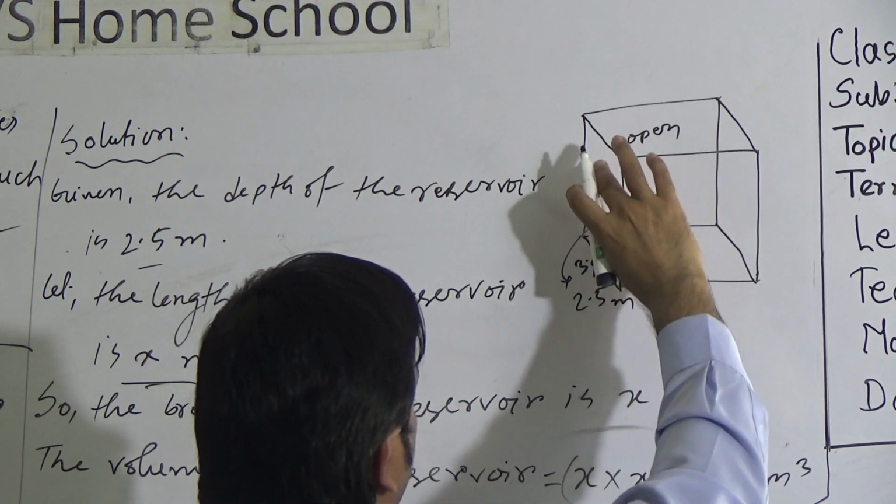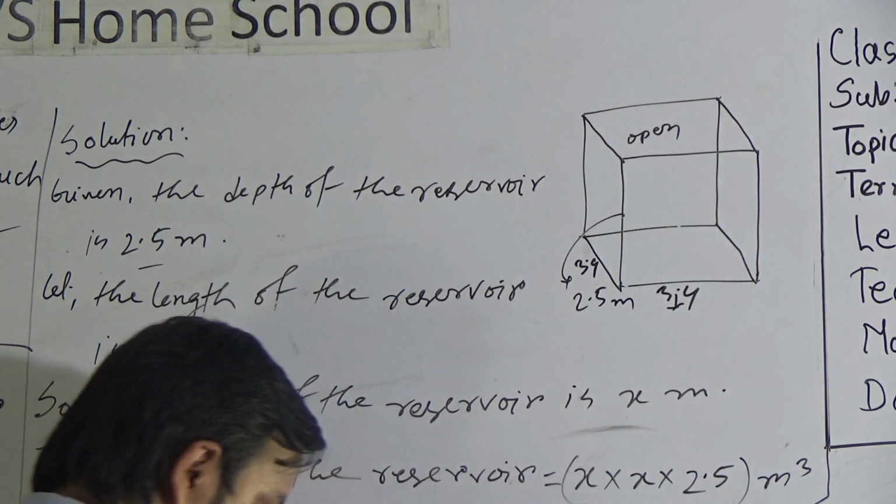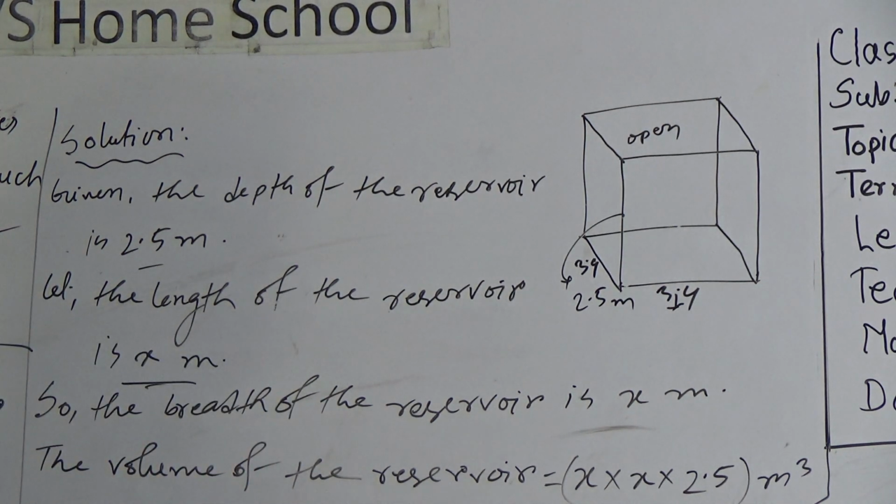So if we determine the area of one wall, and as this is the square shaped base, so 4 walls will have the same area.